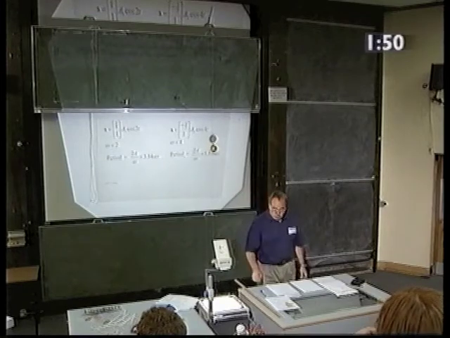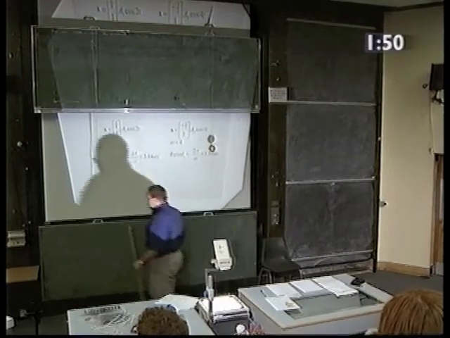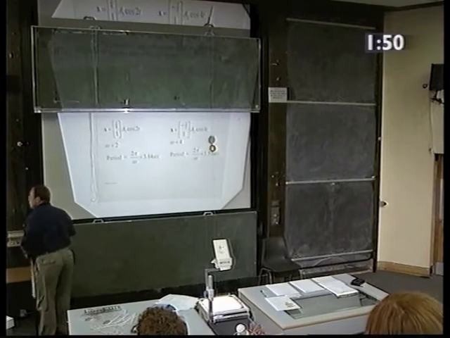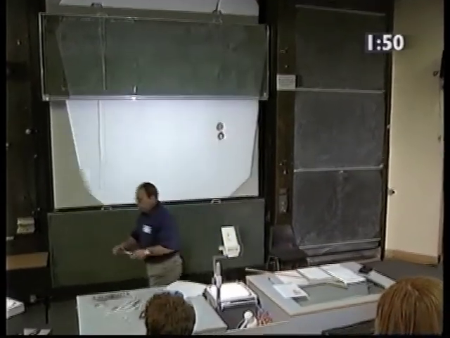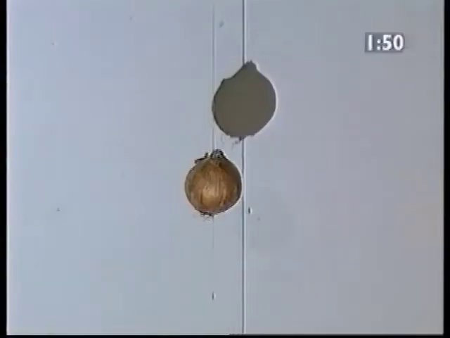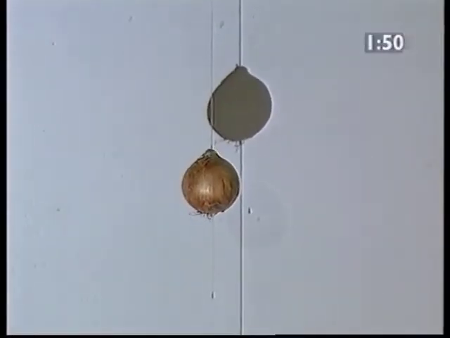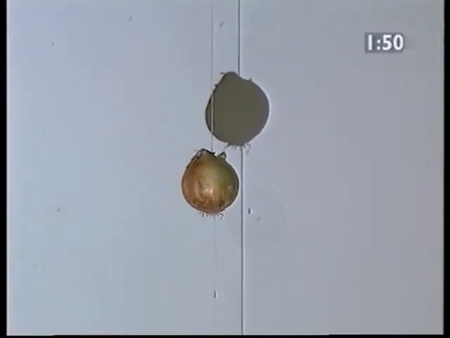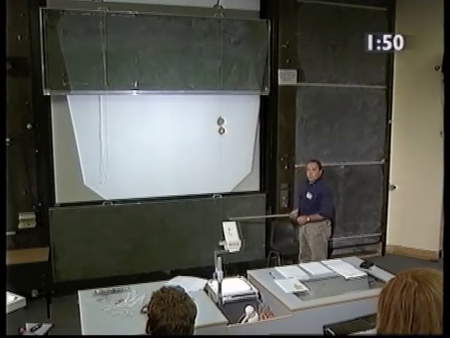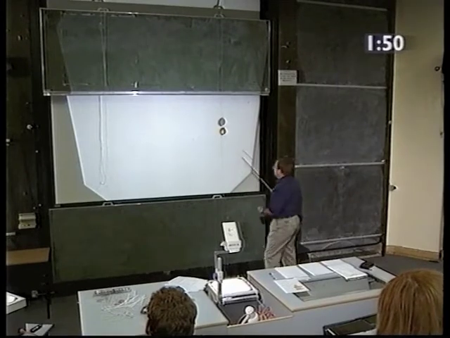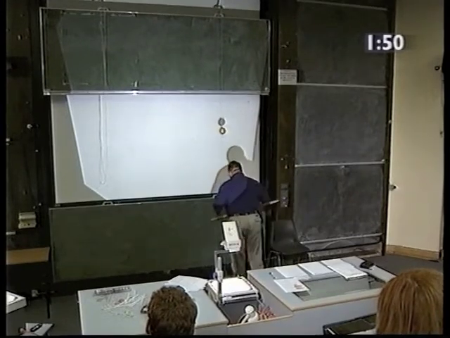Right, so what I'm going to do is to measure this off. Let's put this over here. For the first normal mode, we've got to displace the middle onion to the bottom onion in the ratio of 1 to 3/8.